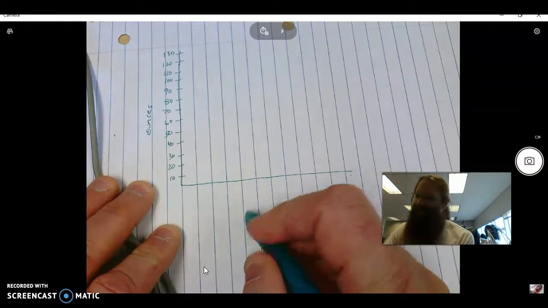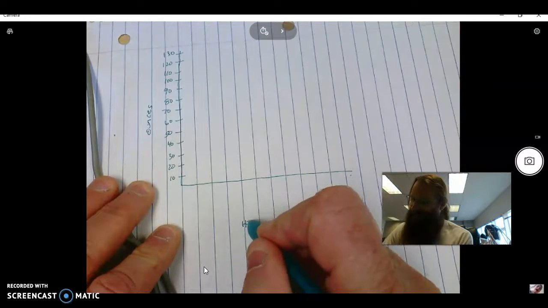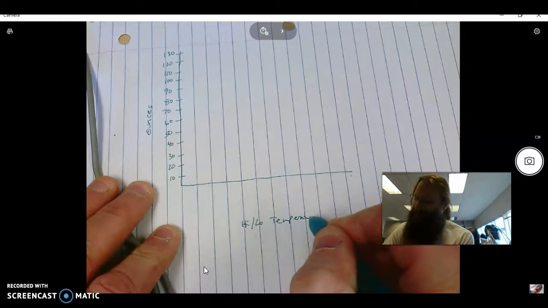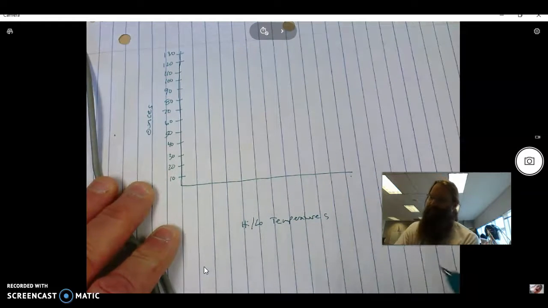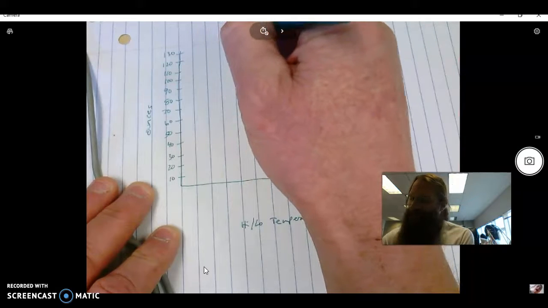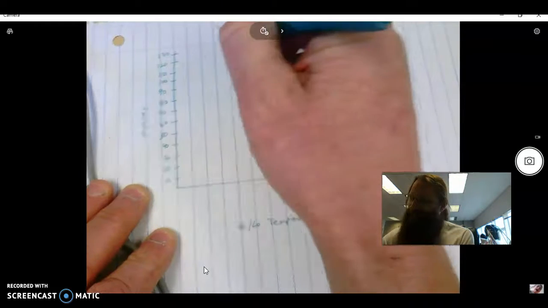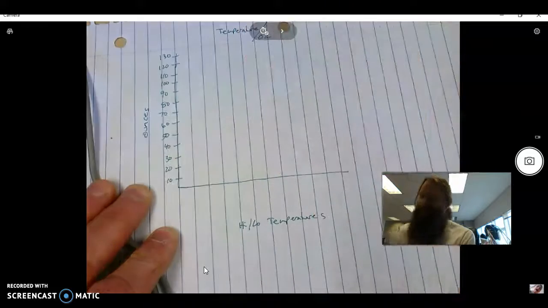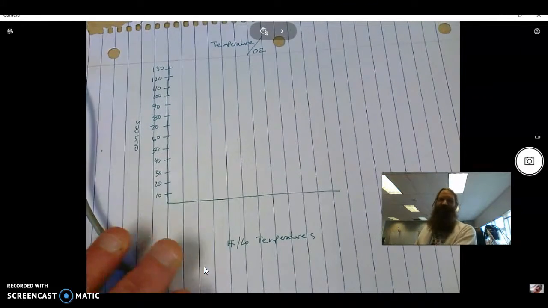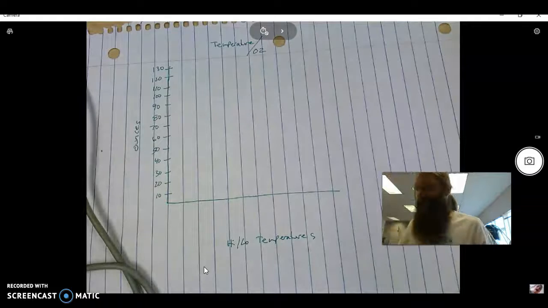And down here we're going to label this high and low temperatures. And what are we graphing? We're graphing temperature and ounces. We're trying to figure out what the high and low temperatures are, what produces the most sap.